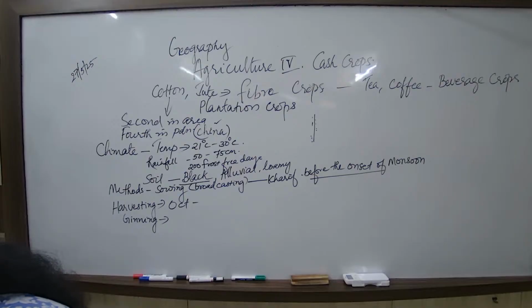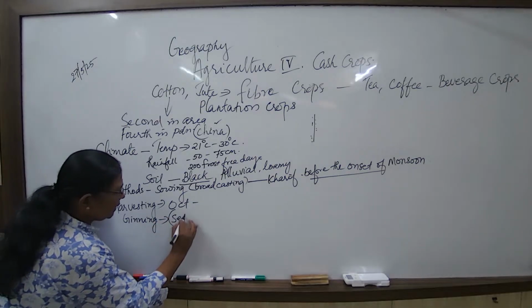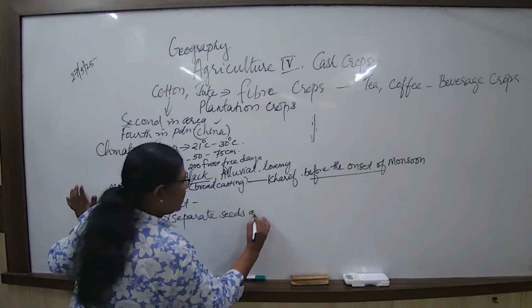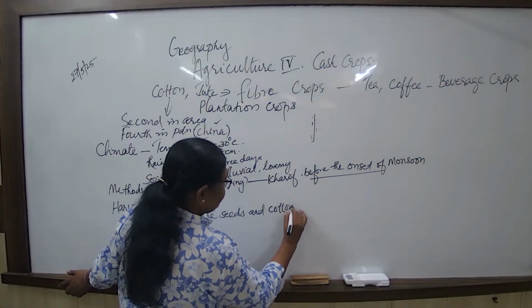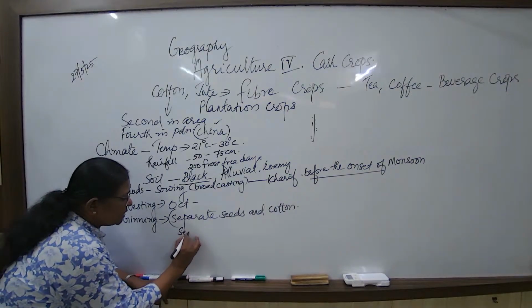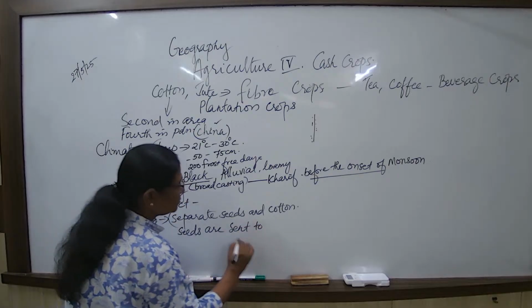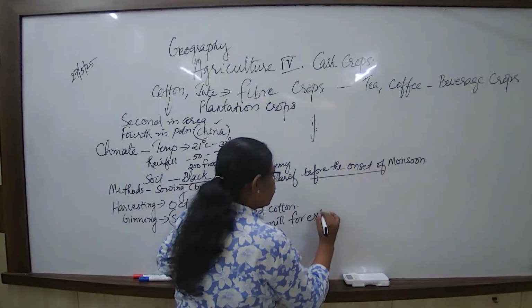After the cotton has been picked, either by machine or by hand, this is done. The seeds may be crushed to yield oil. So we separate the seeds, this is the first process. After that, seeds are sent to the mill for extracting oil.